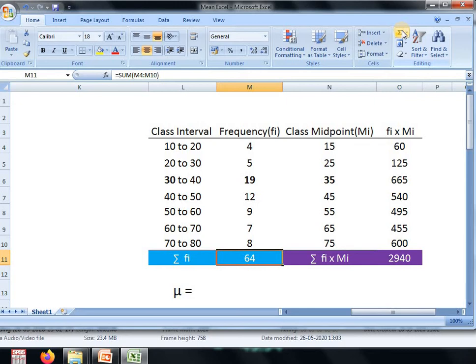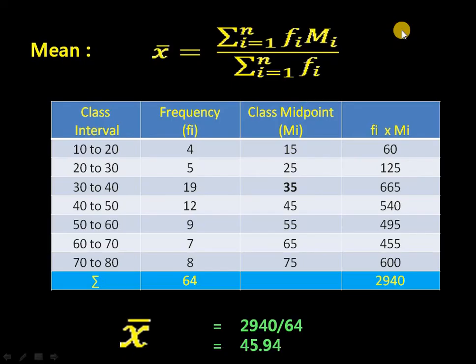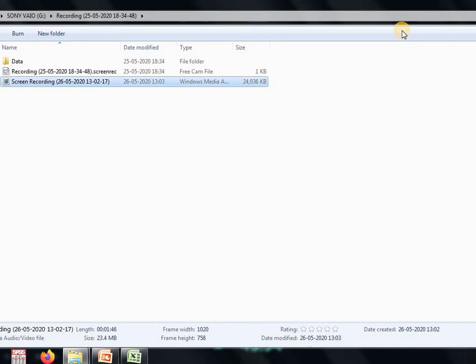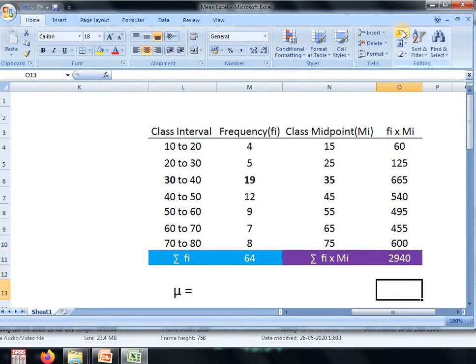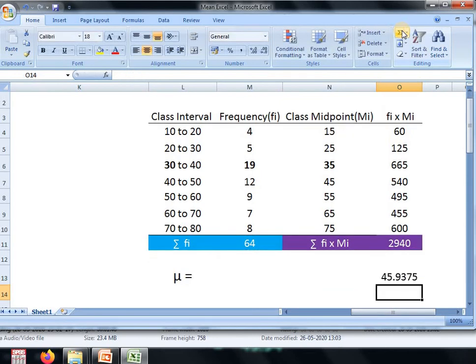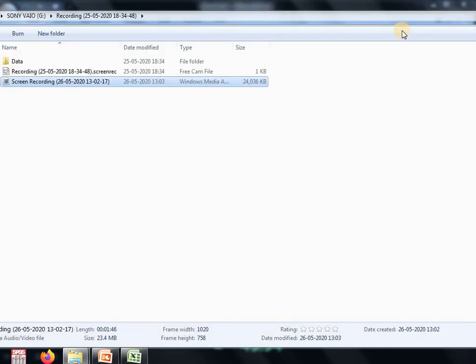As per our formula, sigma fi mi divided by sigma fi is the mean. So this is 2940 divided by 64, and your mean for grouped data is 45.93.